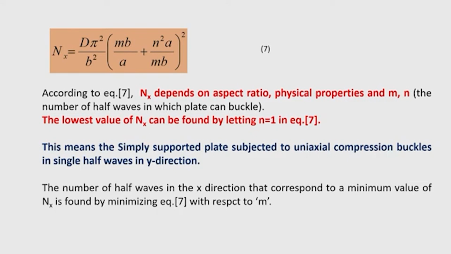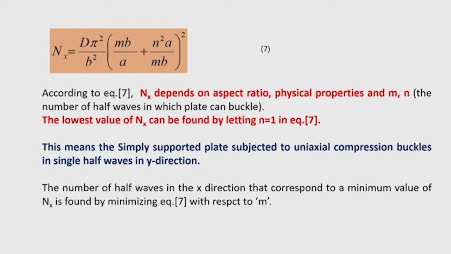Okay. So, according to equation 7, n x depends on aspect ratio, physical properties and m and n. M and n are what? These are integers, but this has also some physical meaning, that is the number of half waves in which the plate can buckle.